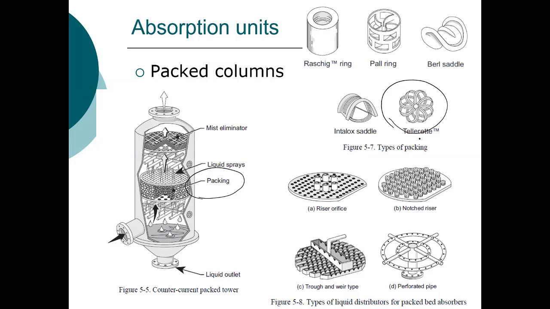So again, we can operate these in co-current, counter-current, or cross-flow mode. We can use these for a number of different situations. So we can use this, for instance, to control hydrochloric acid or sulfuric acid from pickling operations in the metal industry. It's used to control odors in rendering plants and petroleum refineries, and can also be used in sewage treatment plants to control odors.